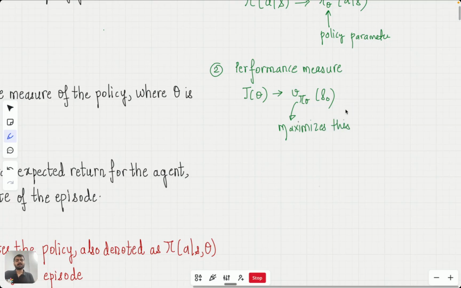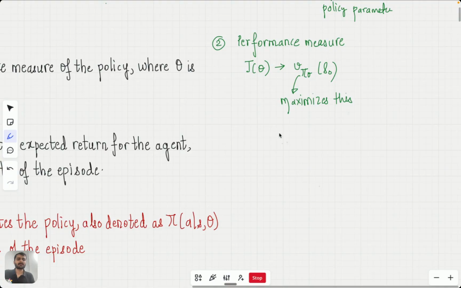Now once we define this, the natural challenge which lies ahead is, let's say this is the curve which we have for J of theta, where on the y-axis you have J of theta and on the x-axis you have theta. So your aim is to basically climb up this steep mountain and reach the maximum of this curve.